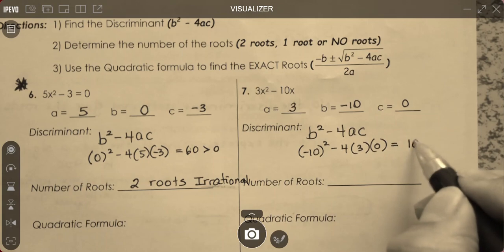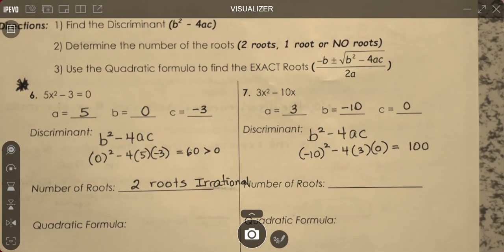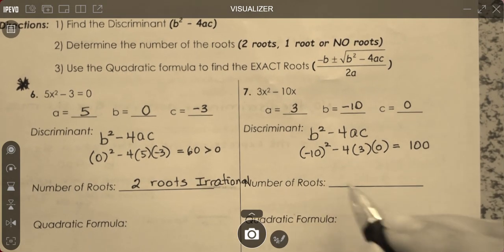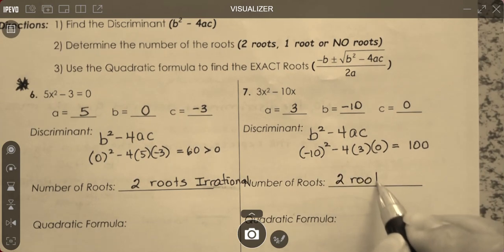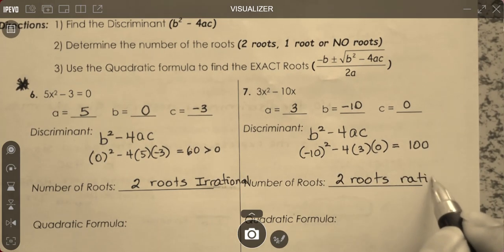All right, so your discriminant is 100. That tells you that you have how many roots? And are they rational or irrational? Rational, because that's a perfect square.